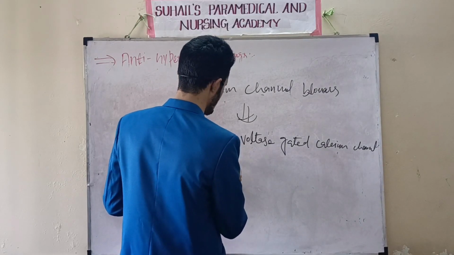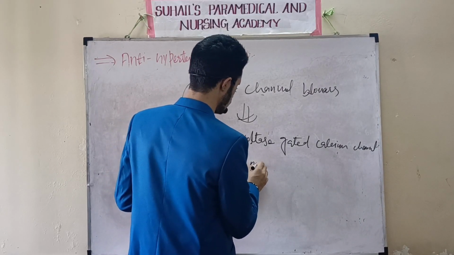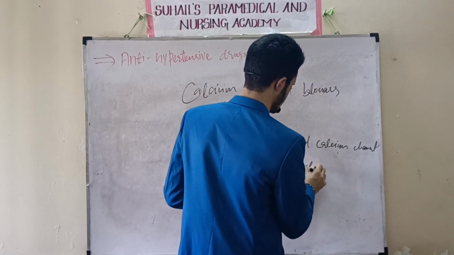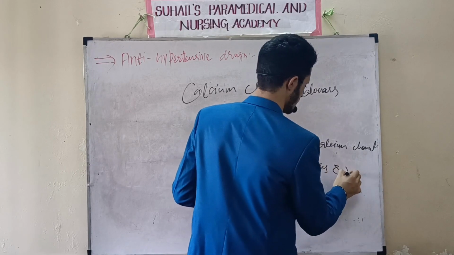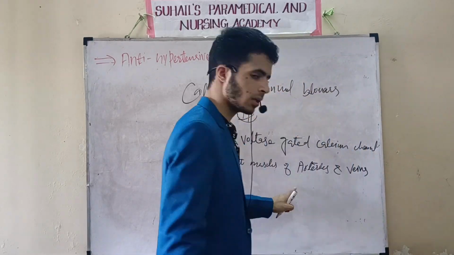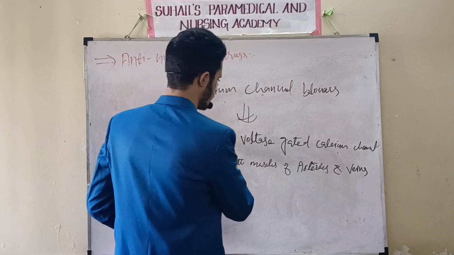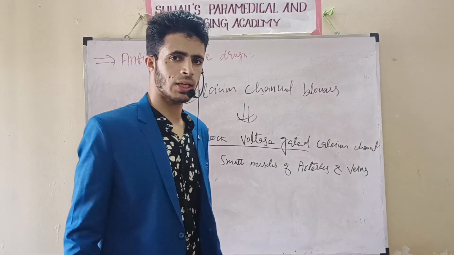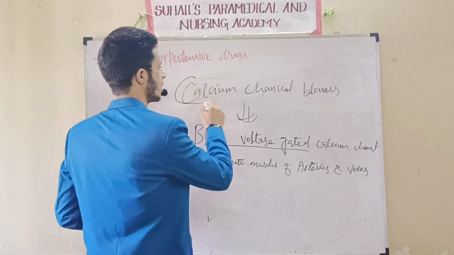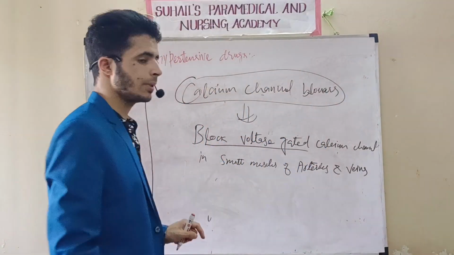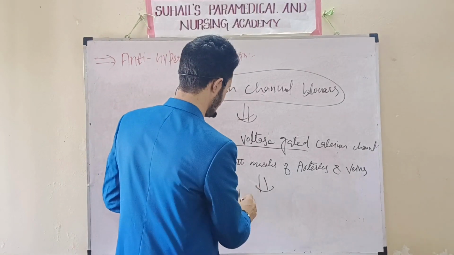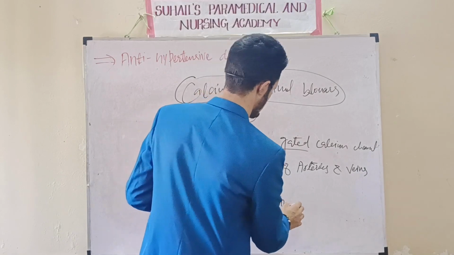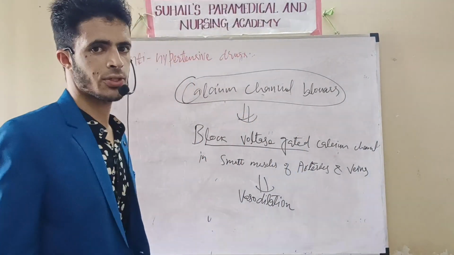Why do they block them? In the smooth muscles of arteries and veins. The smooth muscles which are present in the arteries and veins have voltage gated calcium channels. They will be blocked by the calcium channel blockers, due to which there will be vasodilation.